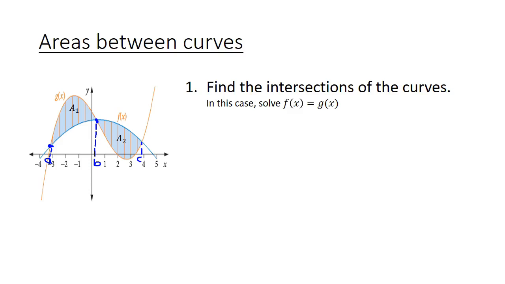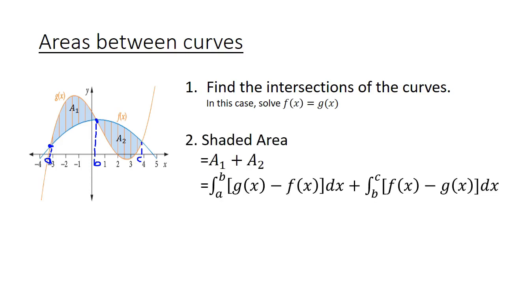We can see that the two curves y equal to g(x) and y equal to f(x) intersect at x equal to A, x equal to B, and x equal to C respectively. So we can now find the area of the shaded region by adding A1 and A2.